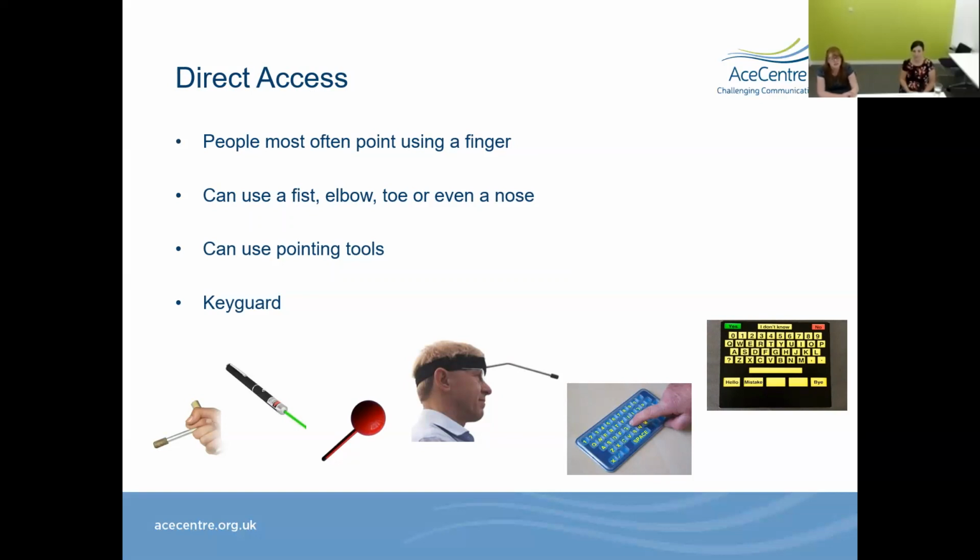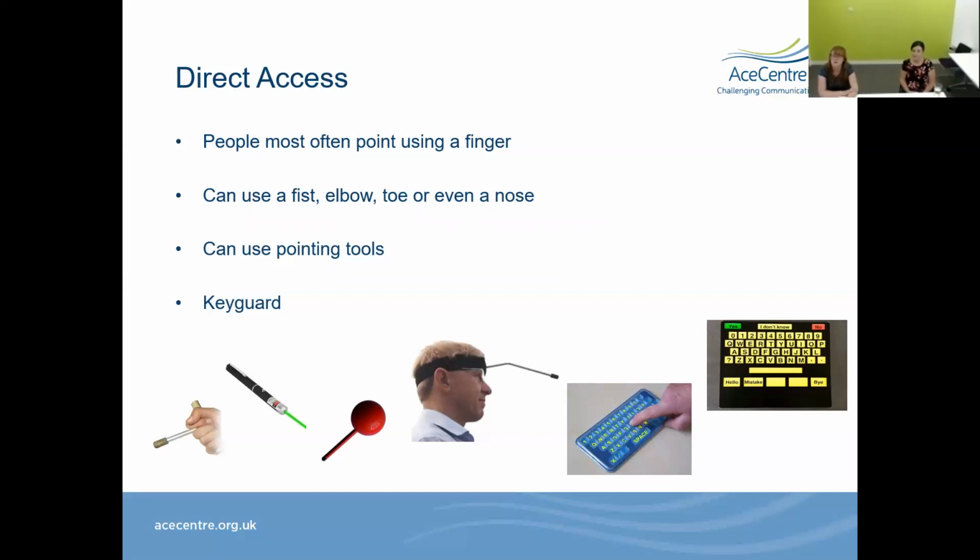So you can see there's a red golf ball shaped one, a T-bar stylus and a head pointer version. So all these are useful if you've got some good gross motor movement, but fine motor movement is difficult, and you can obviously point to quite a small target area, so you can carry on being quite precise, and you can have all your word lists and your phrases maybe all on one page along with your alphabet board.